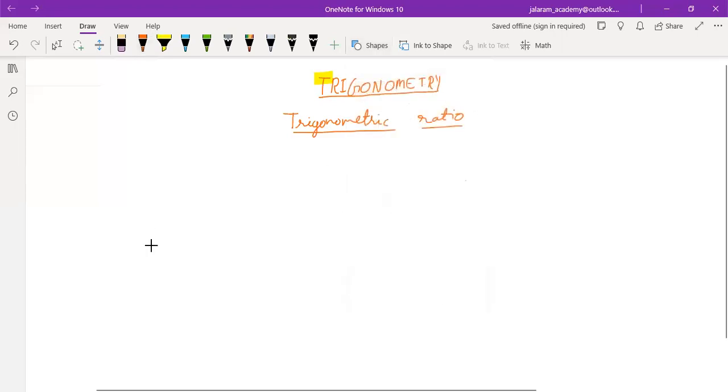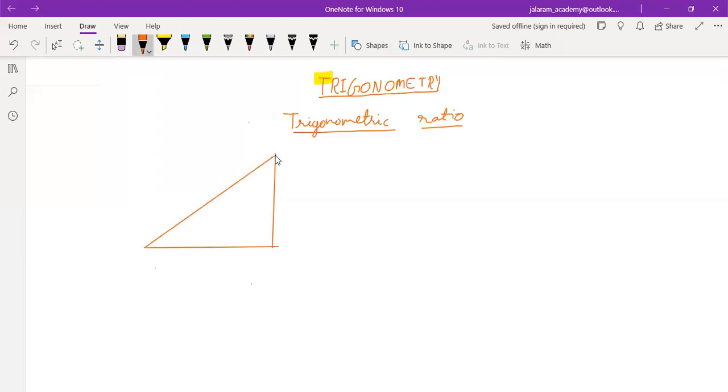This is actually the ratio of sides of a right angle triangle. At this level, we can call it an elementary level.